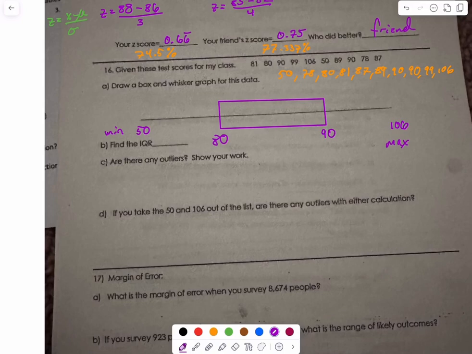And the median. Let me see. Convert data to box and whisker plot. Okay. I just want to see a finished example.